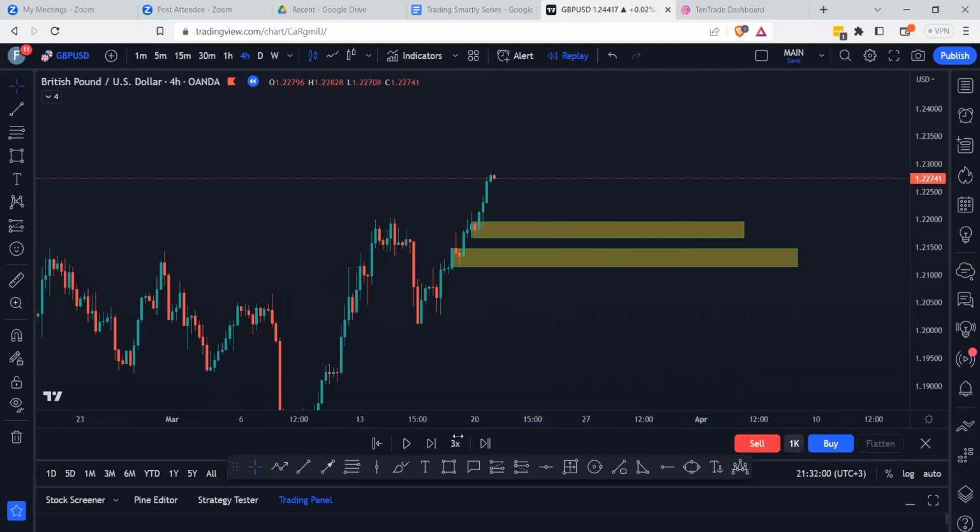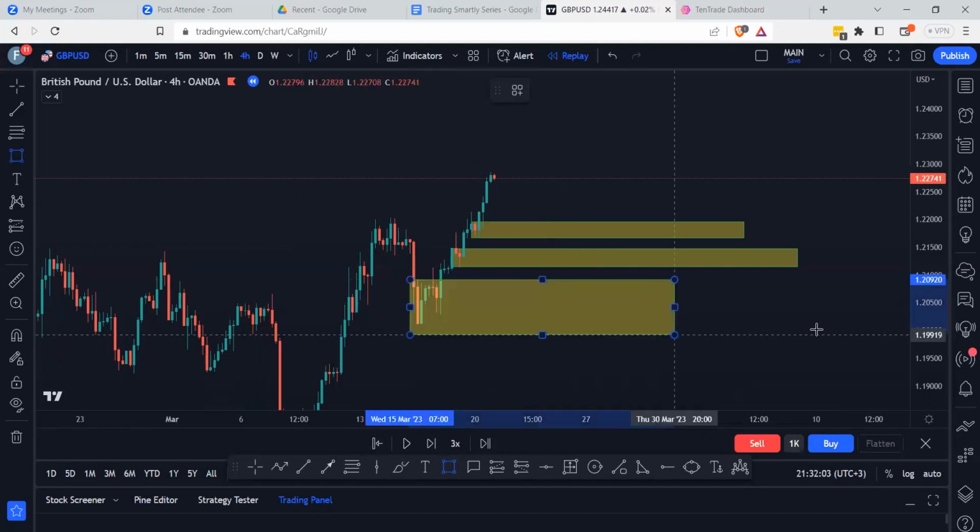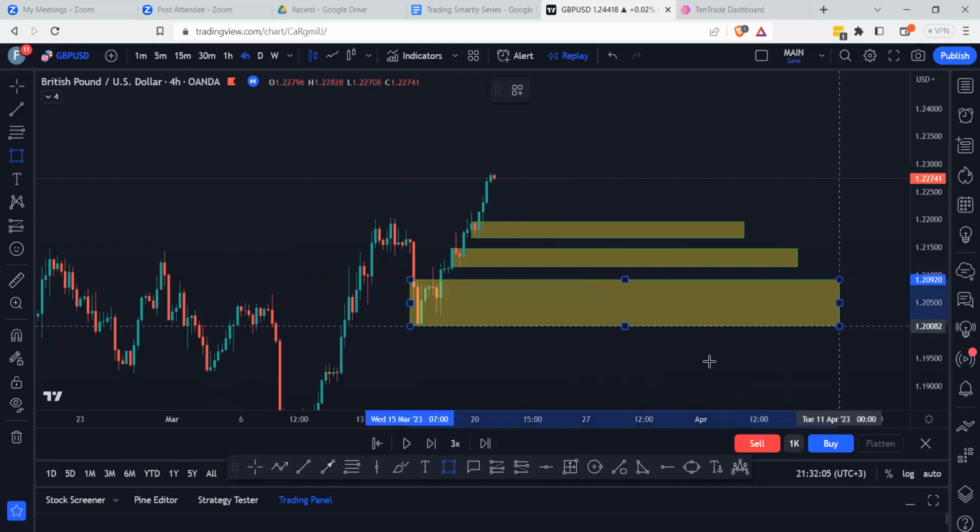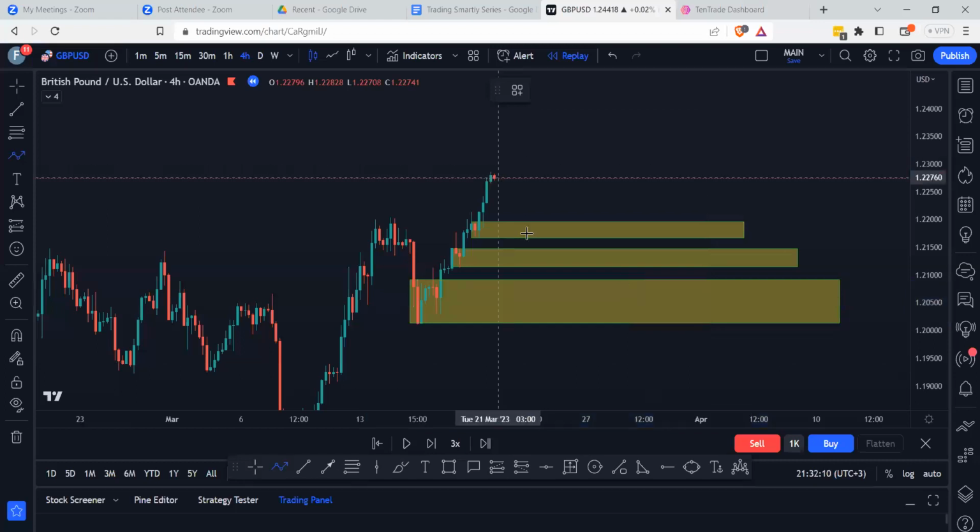This is also a support zone here. So now you're interested in buying when price gets to either of these supports. These are your points of interest to buy.